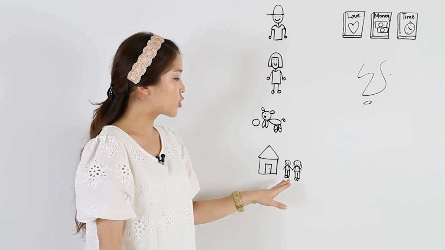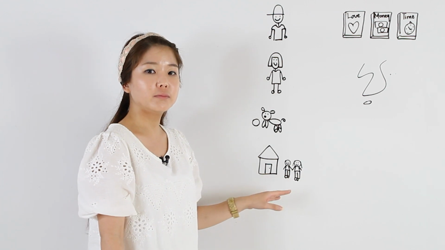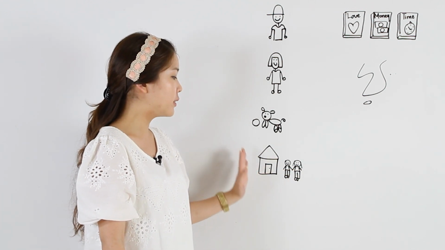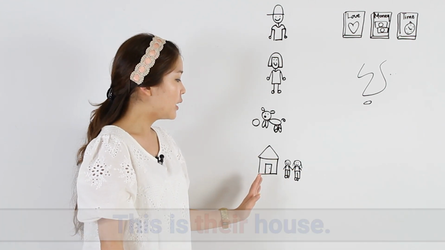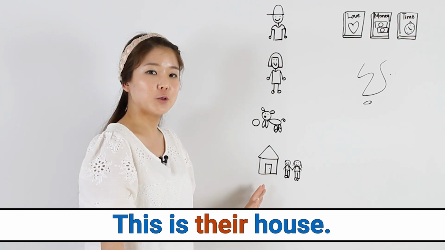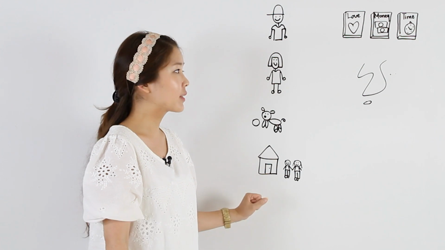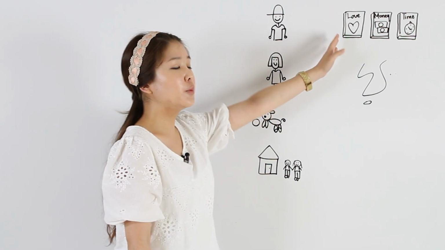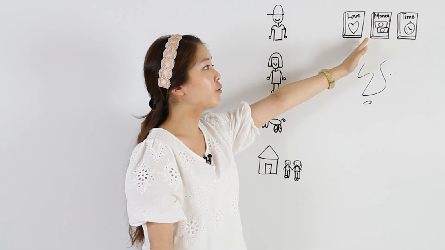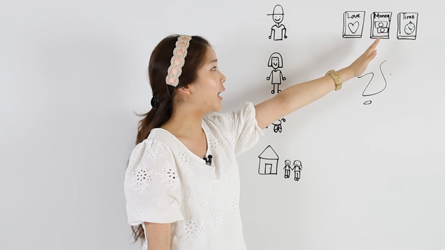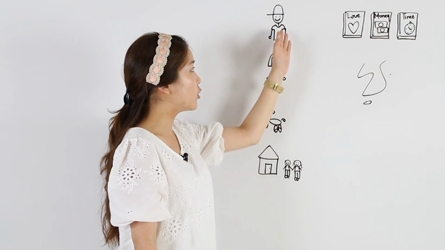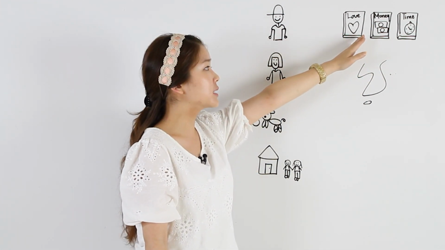Now, in this picture, we have two people, and they both own this house. So, this is their house. Okay, now a little bit farther away, we have three books. And this boy and girl have the books here.